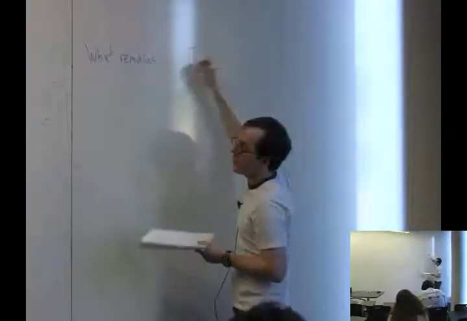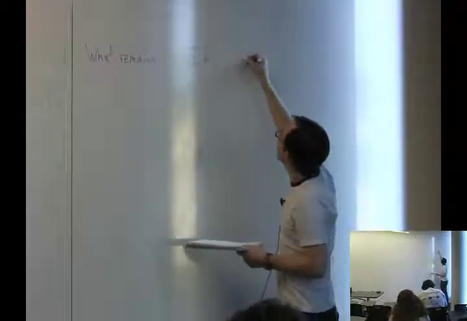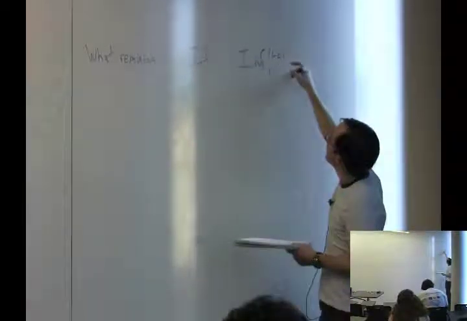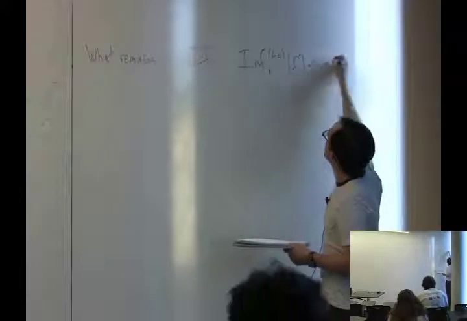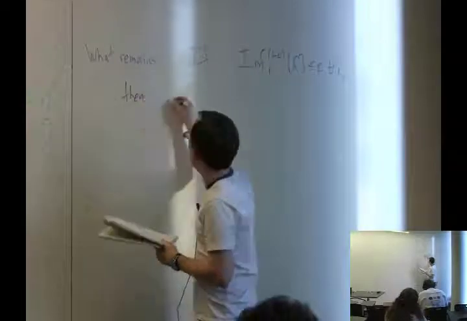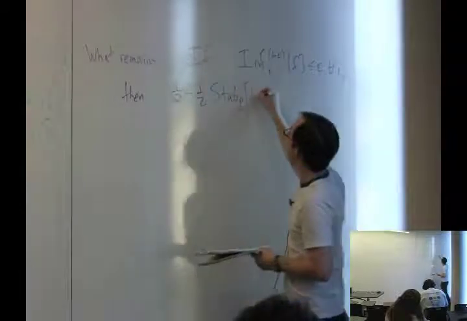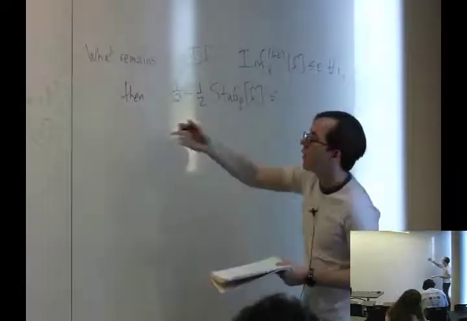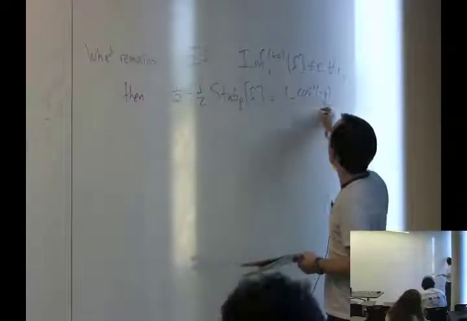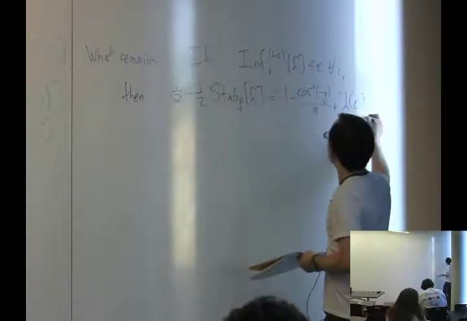If f has no epsilon notable coordinates, or to say it according to the definition, if the 1 minus epsilon stable influence of each coordinate is at most epsilon, then we want this acceptance probability, half minus a half times the stability at rho of f, to be at most this second number, 1 minus cos inverse minus rho over pi, plus some term that goes to 0 as epsilon goes to 0.